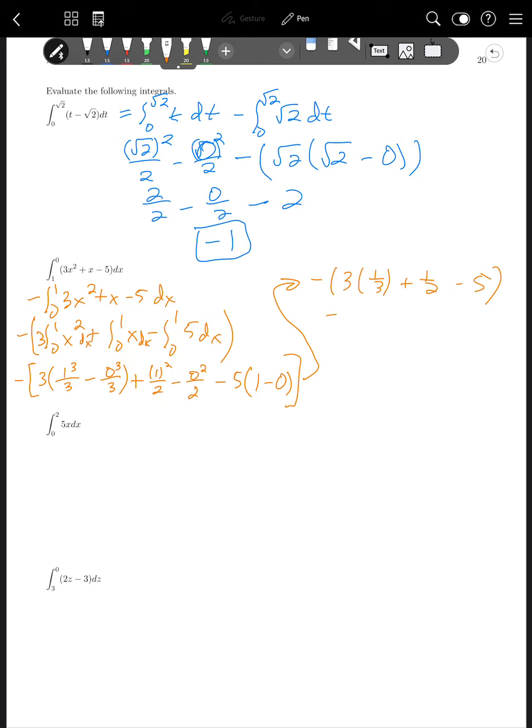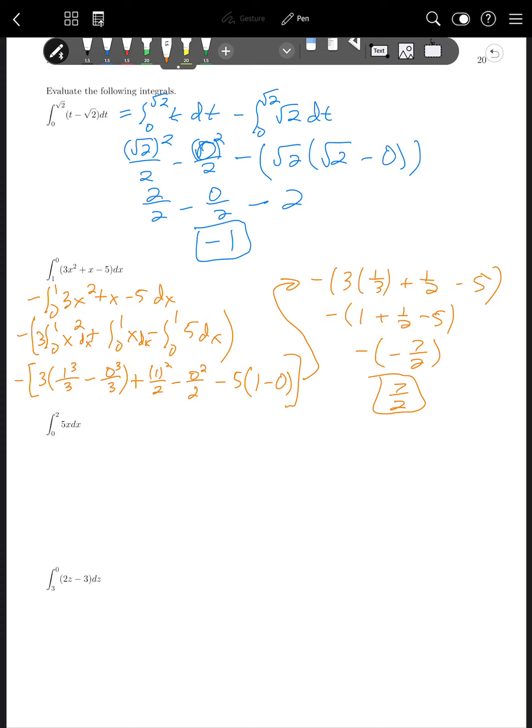So that's 1 plus 1/2 minus 5, which is negative 7/2, and the opposite of negative 7/2 is just 7/2. So the area under that curve would be 7/2.